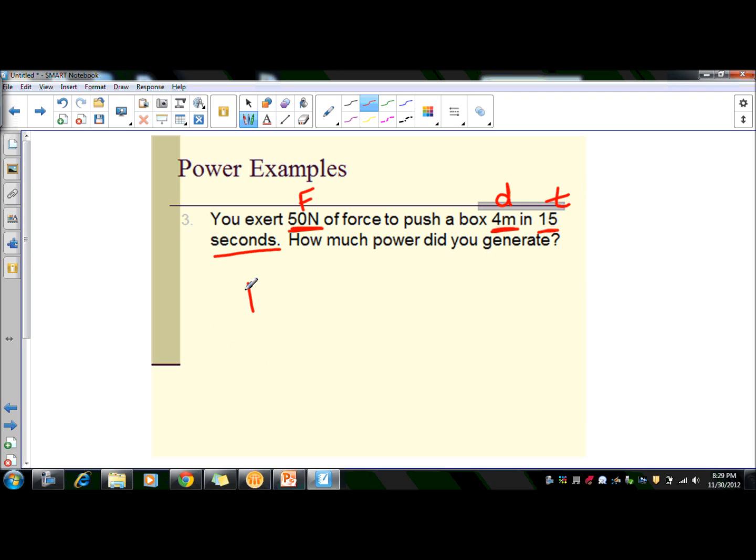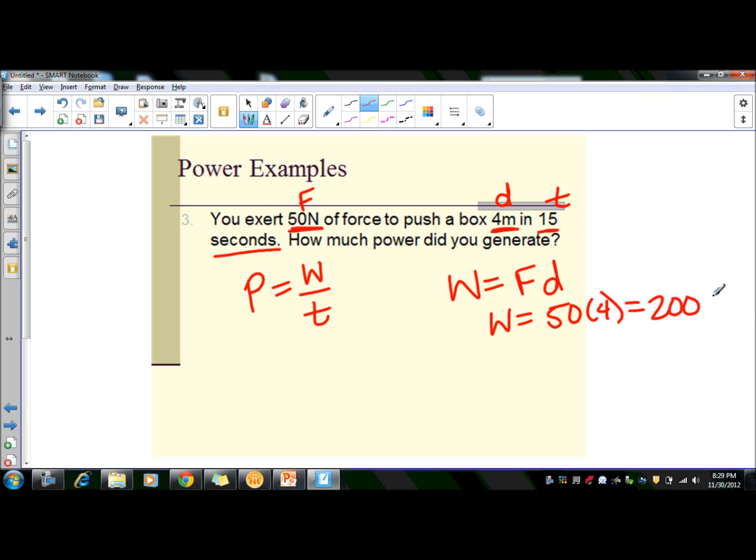All right, so we have power equals work over time, but we don't have work. What we do have is force and distance. And we remember from the previous video that work is force times distance. So we can find work by doing 50 times 4 to get 200 joules of work.